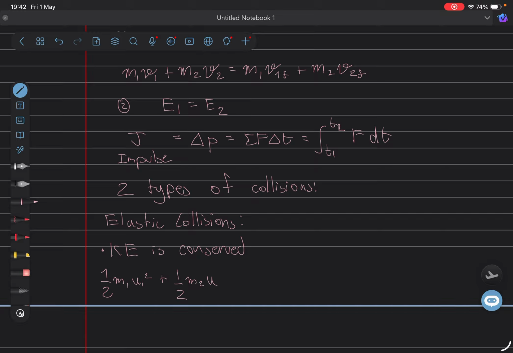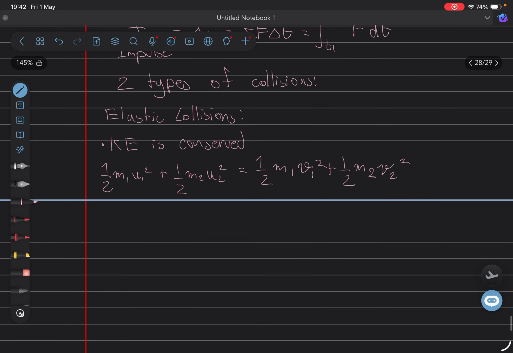I use the symbol u to represent the initial velocity, and I'll use v to represent the final velocity. So that is the conservation of kinetic energy in elastic collisions.